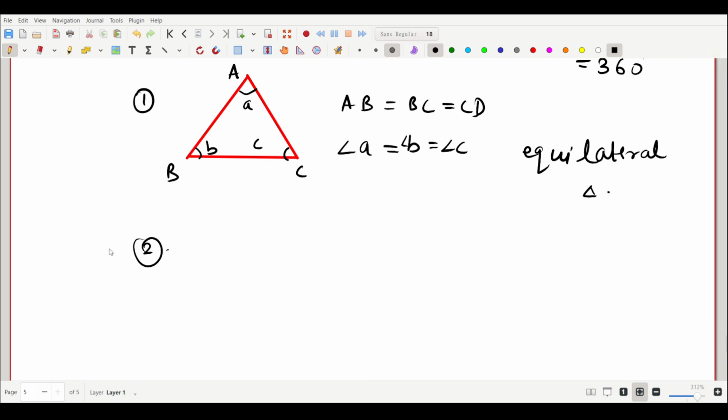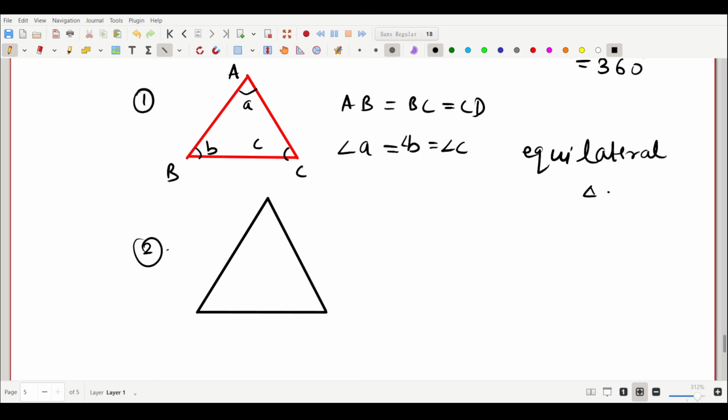Second part. The second kind of triangle is a triangle whose only two sides and two angles are equal. Not all the three sides, not all the three angles. If all three sides and all three angles are equal, that's an equilateral. But now this time, only two sides and two angles.